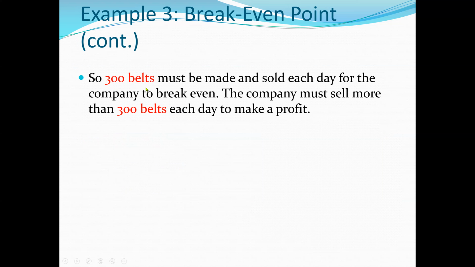So 300 beds must be made and sold each day for the company to break even. Also, the company must sell more than 300 beds each day to make profit. And if you sell less than 300 each day, it is going to lose some money.